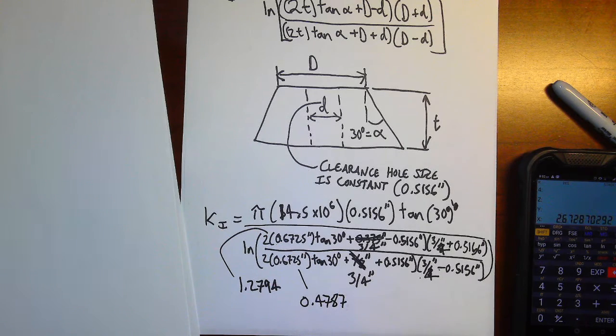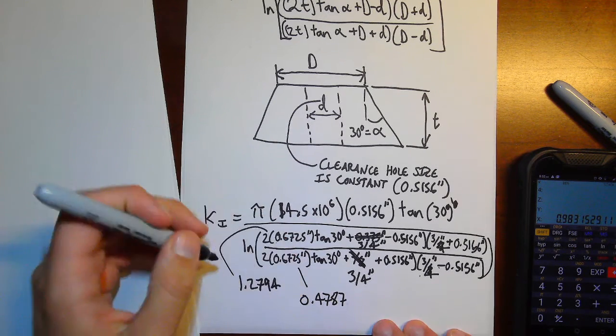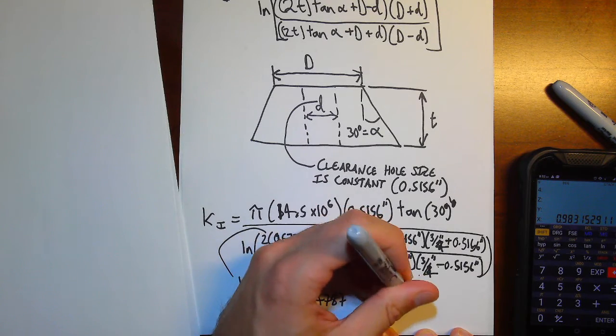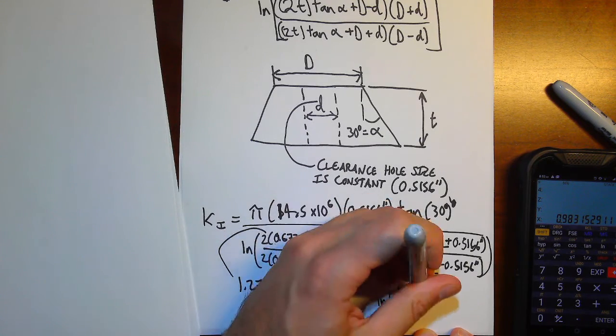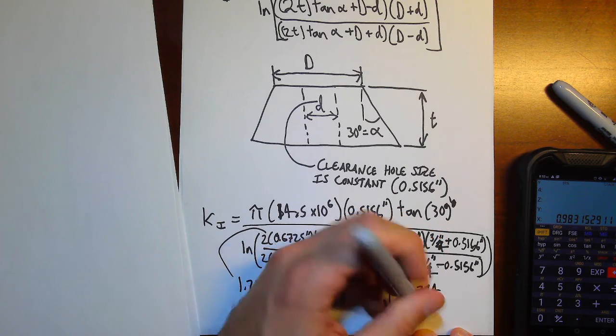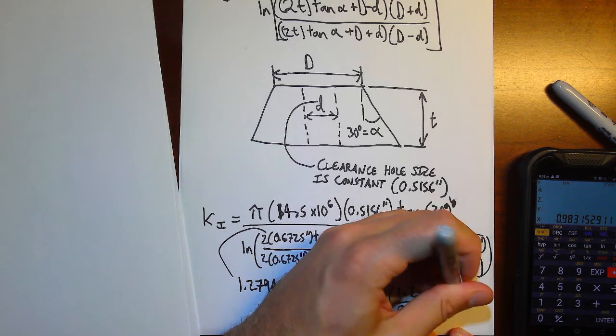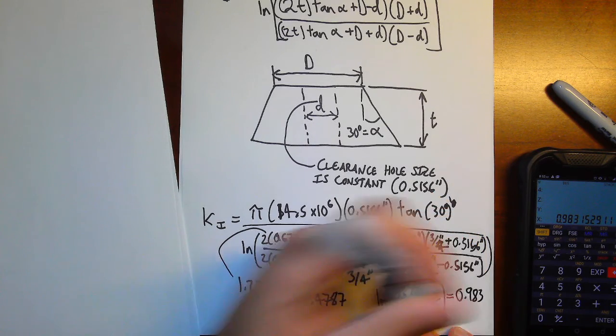Divide those two, natural log of 1.2794 over 0.4787, get that to be 0.983.